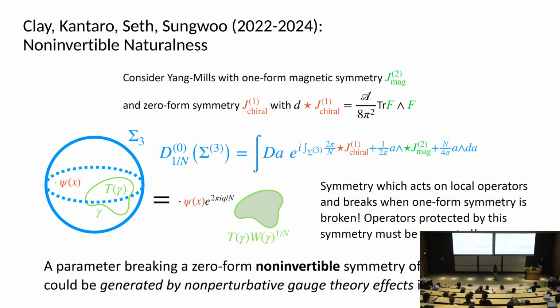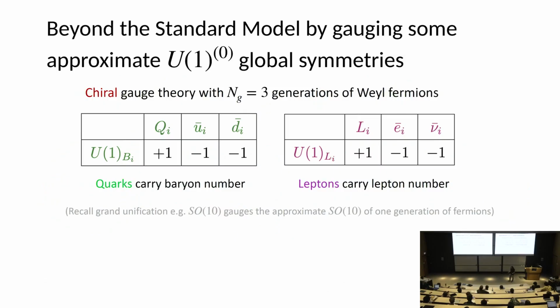If we, in our infrared theory, find that we have a parameter that breaks a non-invertible symmetry of the infrared theory, then we learn that that parameter could be generated by non-perturbative gauge theory effects in some UV theory that introduces the correct magnetic monopoles. And this is a strategy we're going to use to get some insight in some examples. If this isn't entirely clear, hopefully it will become so in the next slides with the examples. So how are we going to use this?